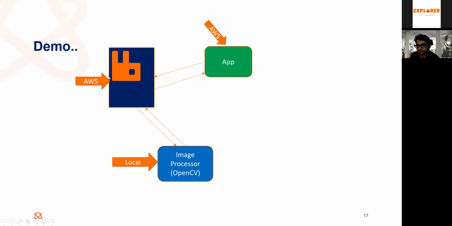And RabbitMQ will be running in AWS in an EC2 instance, and there will be a small application, an image uploading application and a result showing one. So a user will come here and upload the image, and it will send it to RabbitMQ, and a queue will also be created. I will go through the code to have a proper understanding.